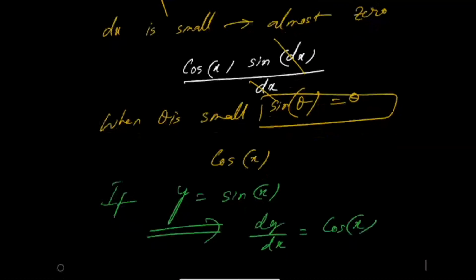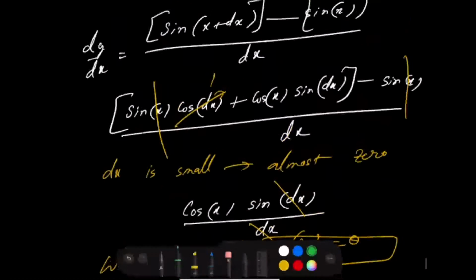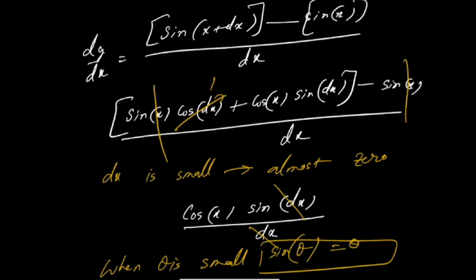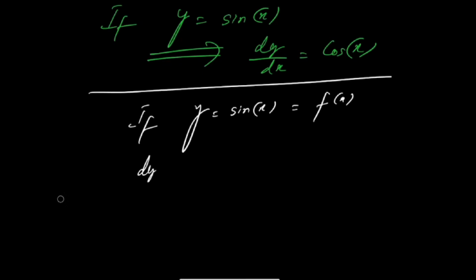So this is the conclusion. Let me just repeat what we did. If y was equal to sin x, f of x, what was dy by dx, or f dash of x? We applied the formula.